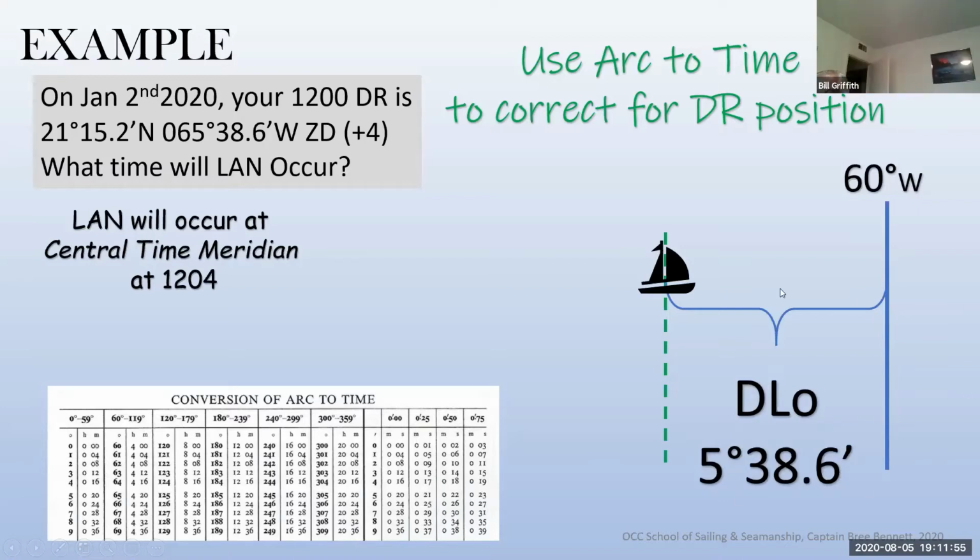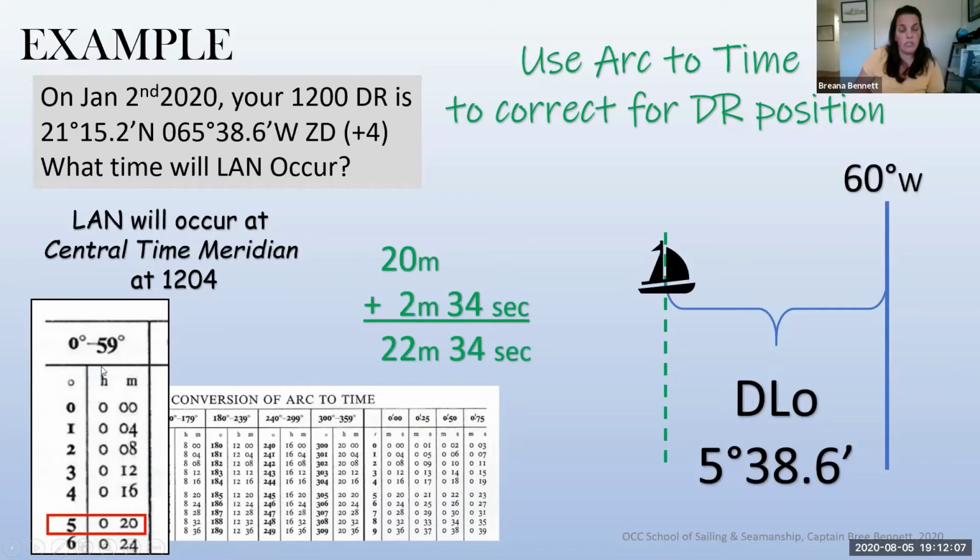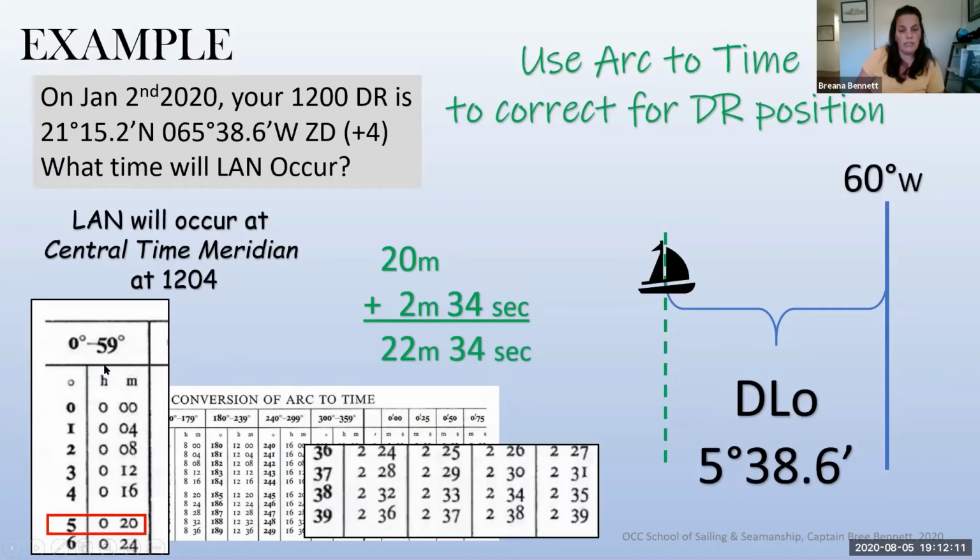With me so far? To the west of my central meridian. So I'm going to use my arc to time. I find my 5. That gives me 20 minutes. And then I go to my minutes side, find 38 point, I'm going to use 0.5. If you use 0.7, you're literally a second difference. So we're ballparking to the minute, so it doesn't really matter.